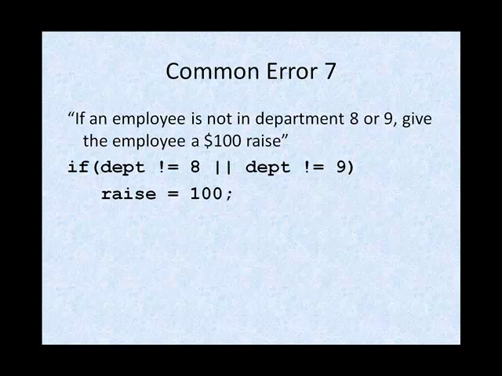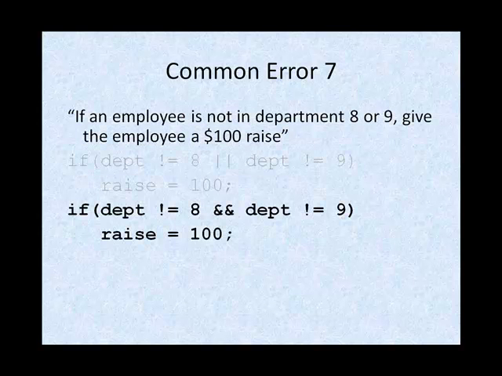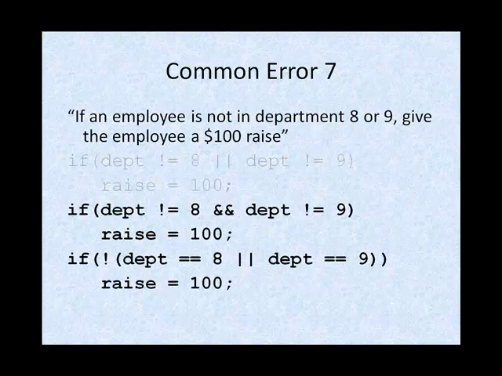The if statement says, if department != 8, and that's as far as it needs to go, it's true, it's not 8, it's 9, and that employee gets a raise even though that employee should not. What you meant to write was, if department != 8 and department != 9, give a raise. Or, if you like, you can say department == 8 or department == 9 and precede it with the not sign. So it says, if not department 8 or 9, give a raise. Either one of these will work.